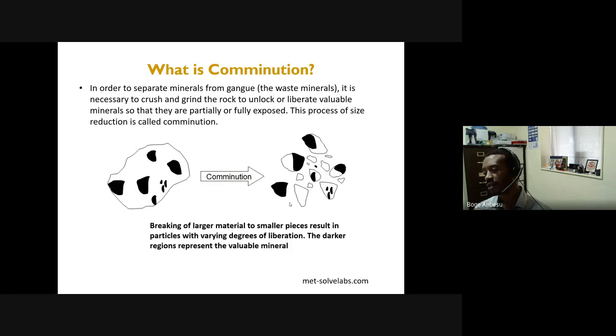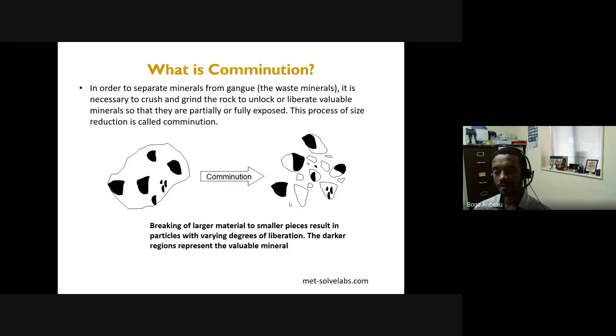If you assume, for example, the black dots in that rock are the valuables, as you can see in that picture, it's locked within the larger rock. So I would need to do comminution. I need to reduce the size of that large rock so that I produce smaller pieces, and hopefully the majority of some of those pieces will be made from the valuable portion, and I will also produce some rocks that are purely waste rock.